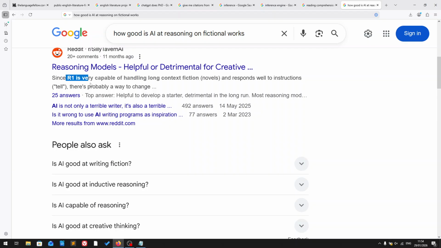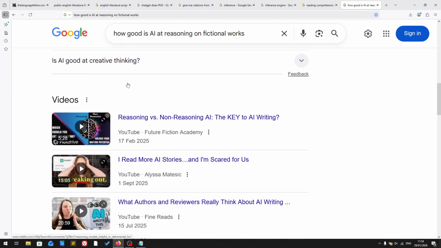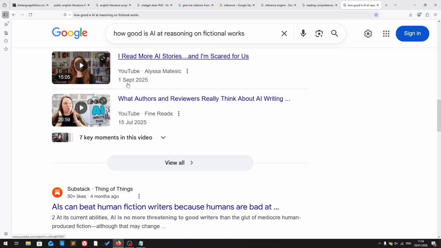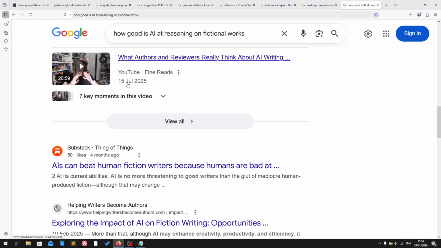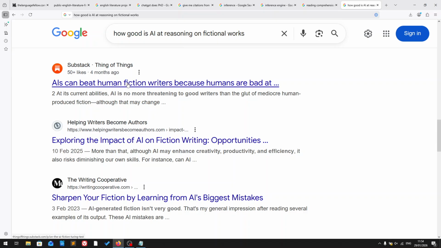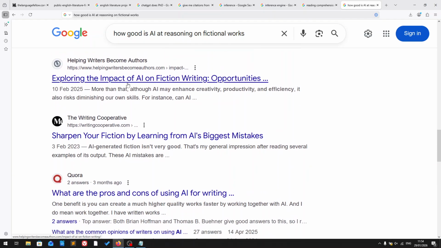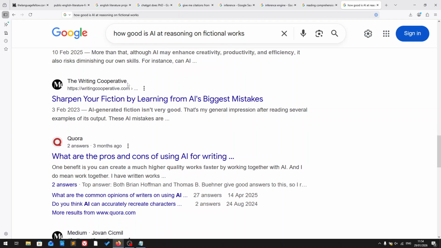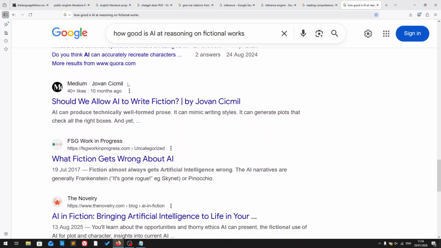See, since R1 maybe a reasoning model. No, it's not giving me what I want.